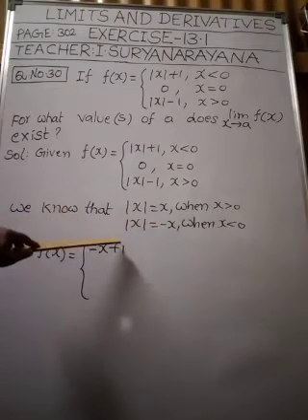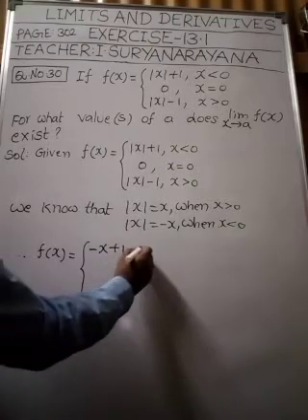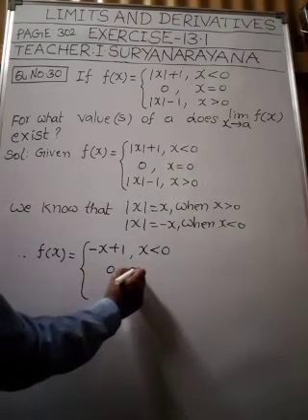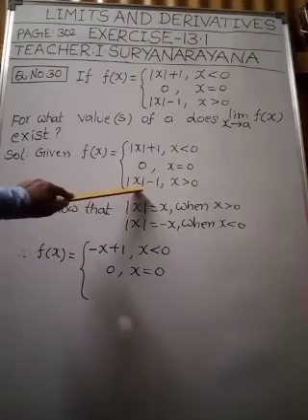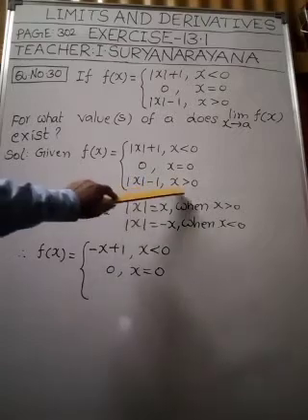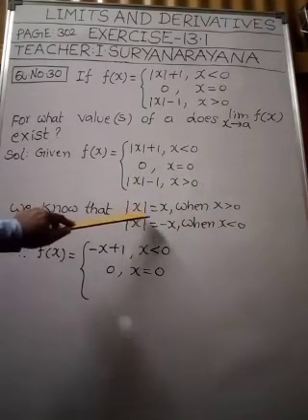Understood this point, my children? Right. When x is less than 0. Okay, my children, f of x is equal to 0 when x is equal to 0. Similarly, come to this third step. Modulus of x is there when x is greater than 0. See here, when x is greater than 0, what is the value of modulus of x?